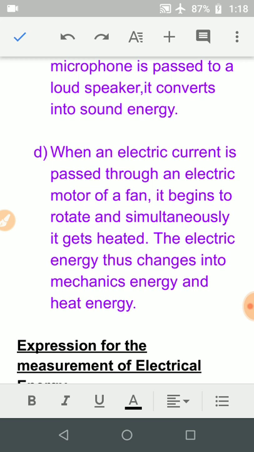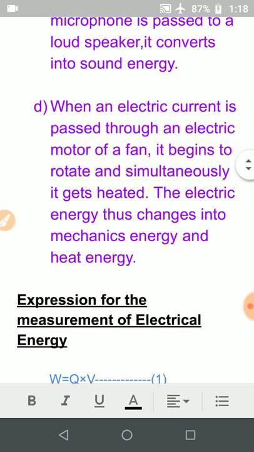Therefore, friends, the electric energy changes into mechanical energy and also heat energy. From the above four examples, electric energy is converted into heat energy, light energy, and mechanical energy, and sometimes it converts to chemical energy.